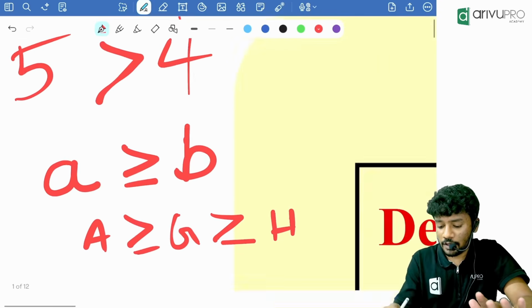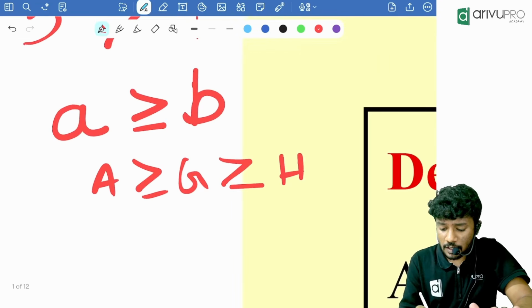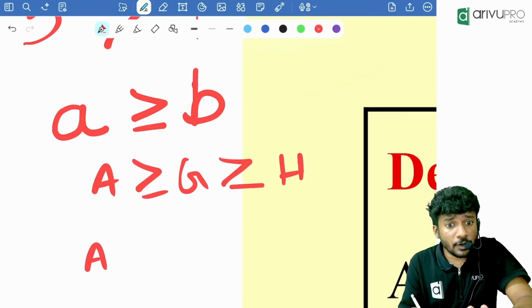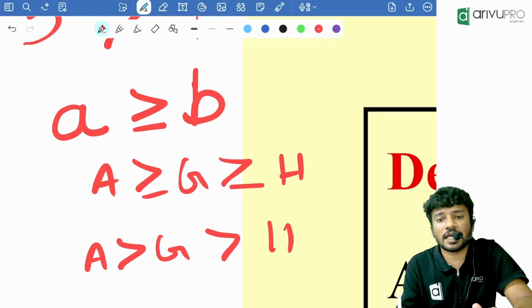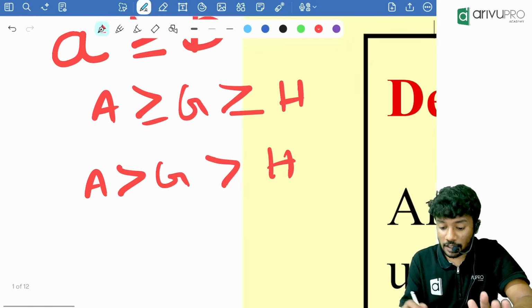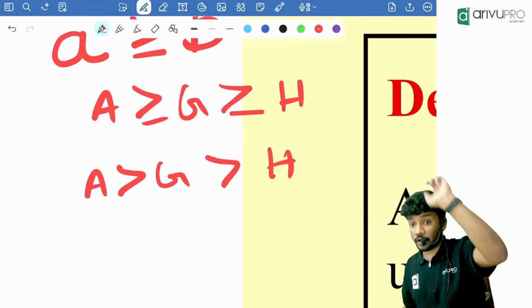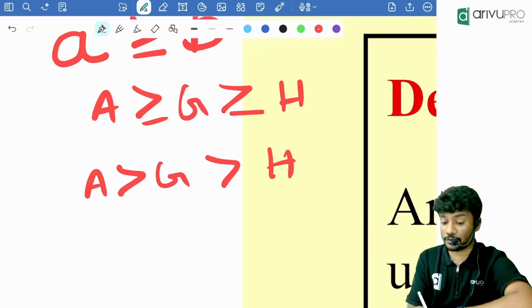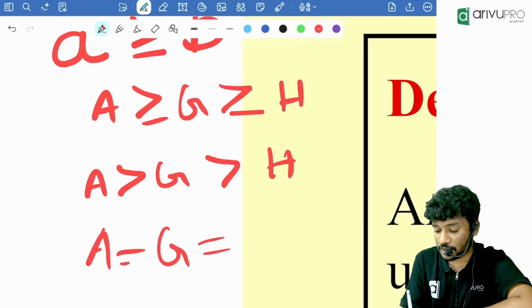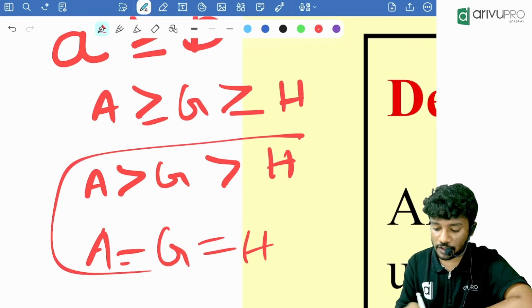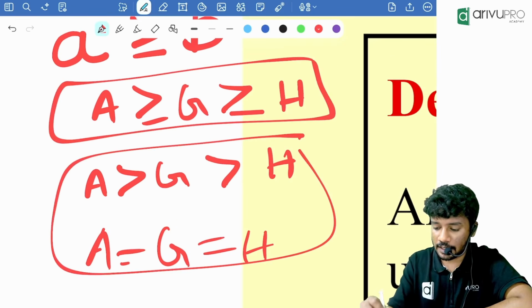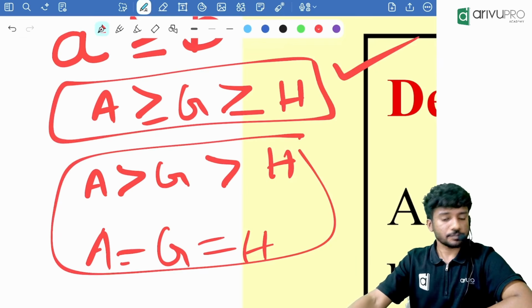When was it greater than? Whenever the numbers are positive and unequal, we were saying that A is greater than G is greater than H. When was it equal? Whenever the numbers are positive and equal, we used to say that AM is equal to GM is equal to HM. So both the conditions we merged together and wrote it like this.